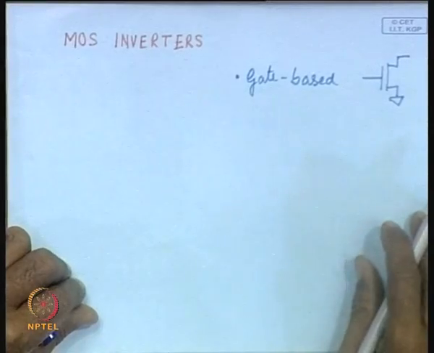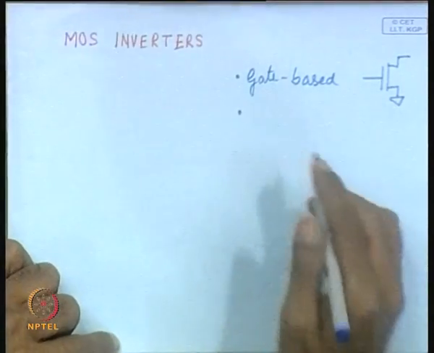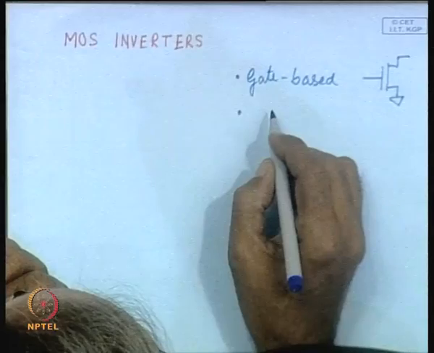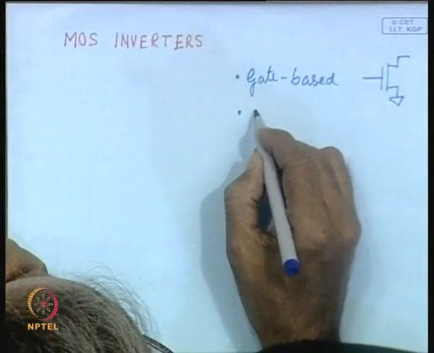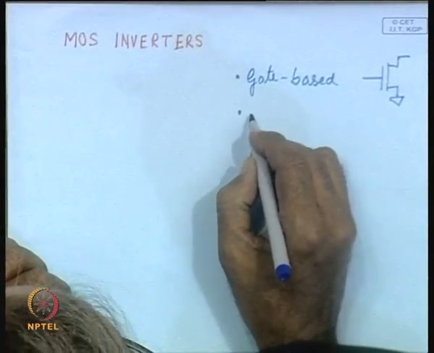And another approach, which I have already discussed when we considered MOS transistor as a switch, there we have seen that the signal that you are applying, we are not applying it to the gate, we are applying it to the source or the drain, and the gate is being used as a control circuit. With the help of the gate we control it. So the second one is switch based.